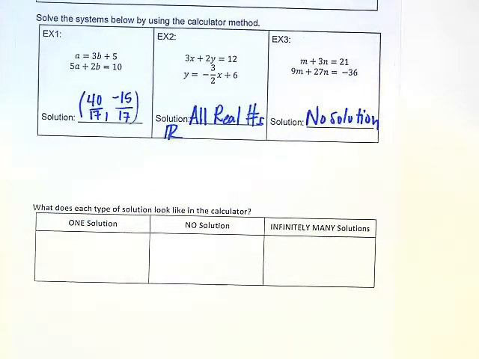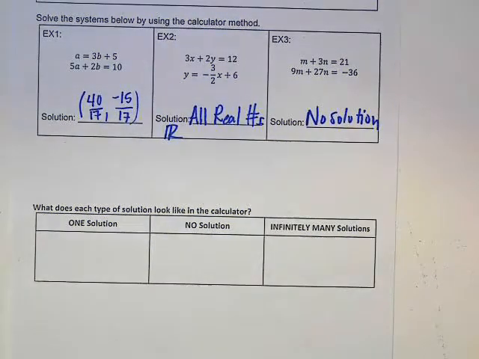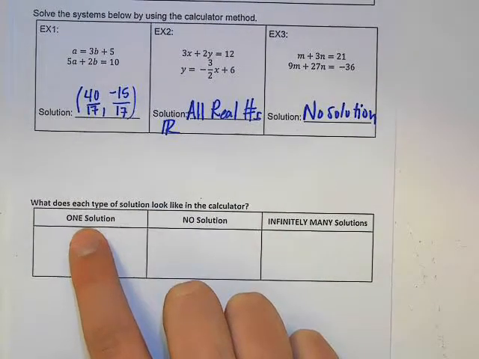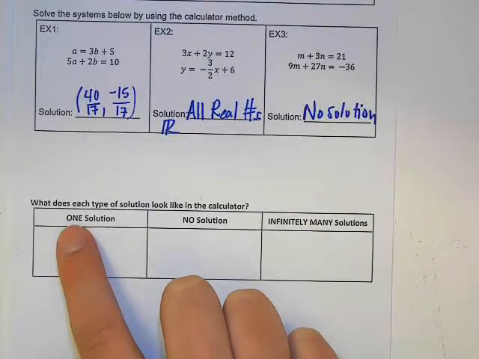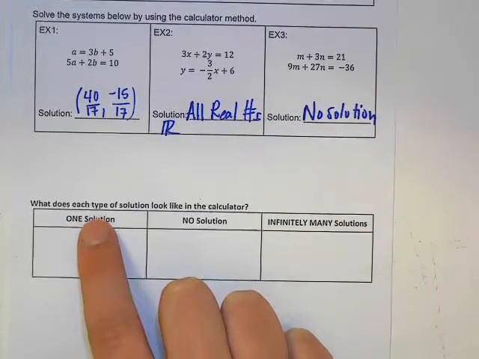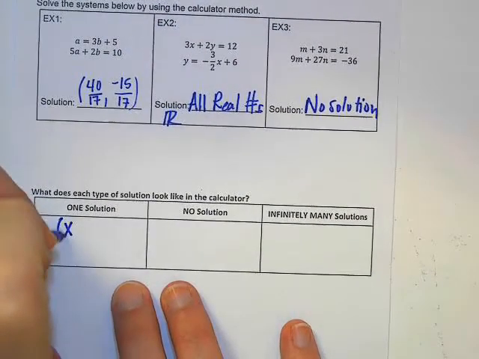So what does each type of solution look like in the calculator? If you have one solution, what would that look like? Yes, an ordered pair. One solution means that it crosses how many times? Once. So that would be any ordered pair, x, comma, y.